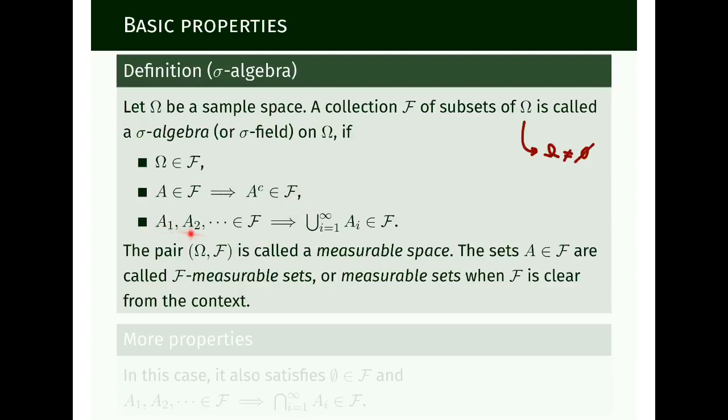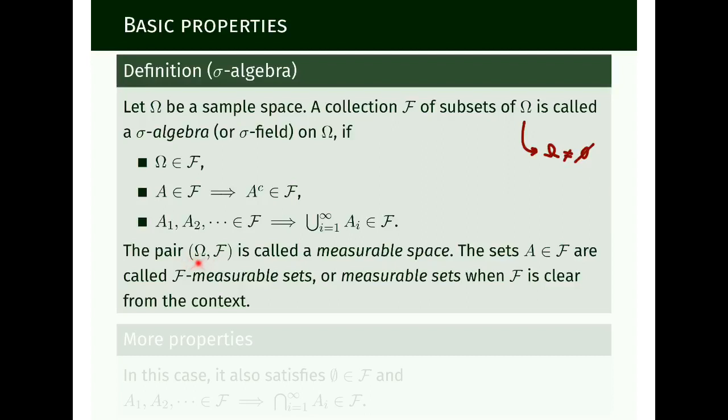And for any countable collection of sets in this family, the union of that collection, which will again be a subset of omega, must be in the collection. So if it satisfies these three properties, we'll call this collection a sigma algebra.